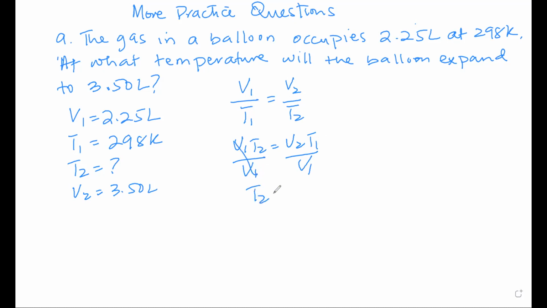So T2 will be V2, 3.50 liters, times T1, 298 Kelvin, over V1, 2.25 liters.